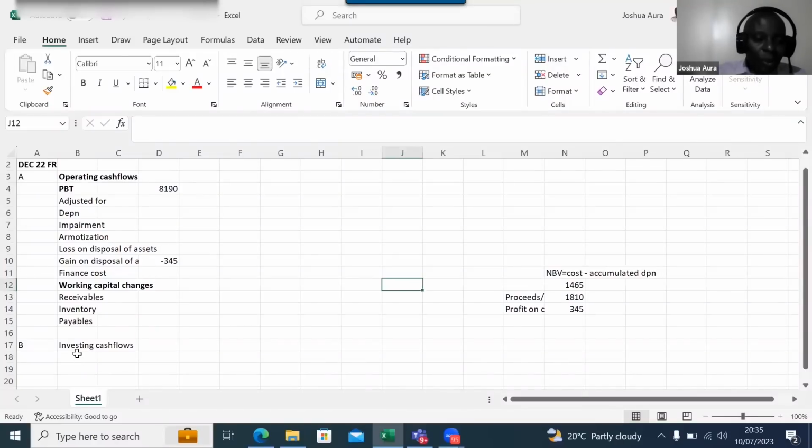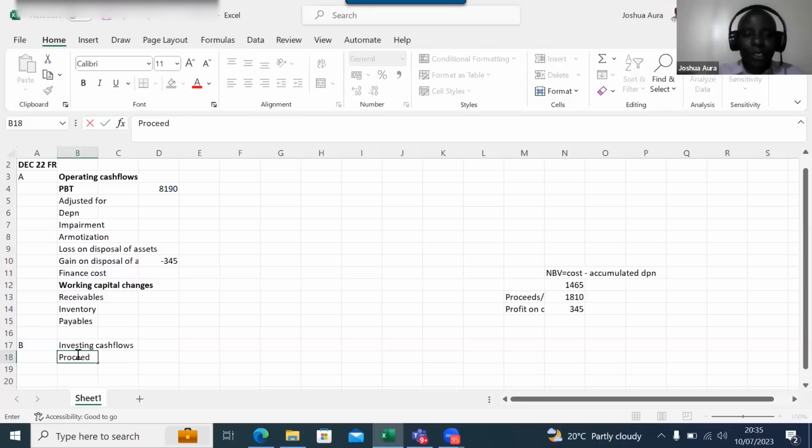Because in investing activities, basically we're looking at the movement in assets. So here we sold an asset, so we reduced our asset base, but there is a very important asset that came on board, which is money. So here I will straight away come under investing activities and talk of proceeds on the sale of assets.